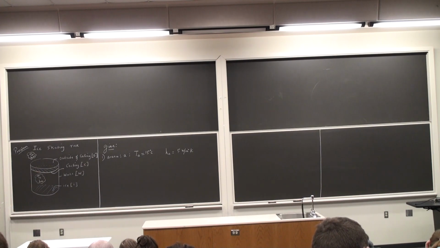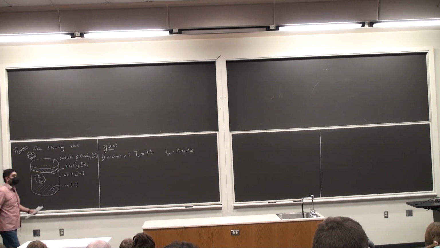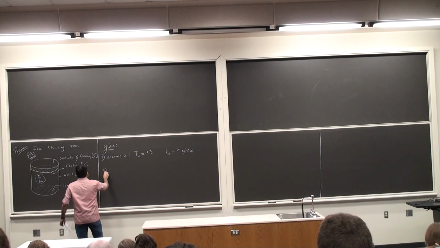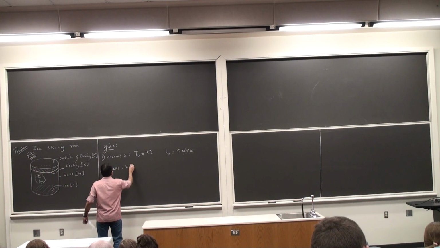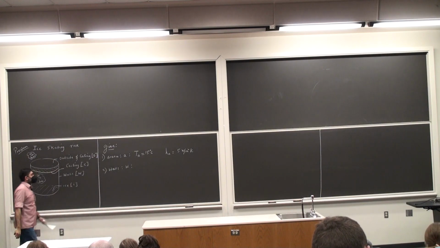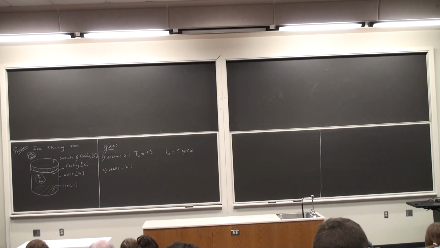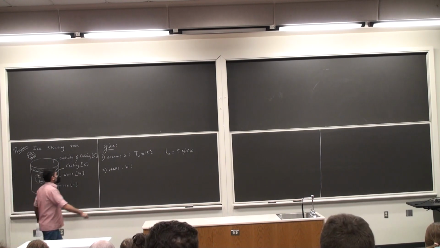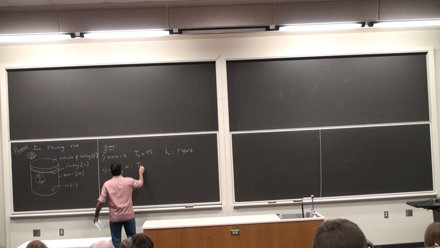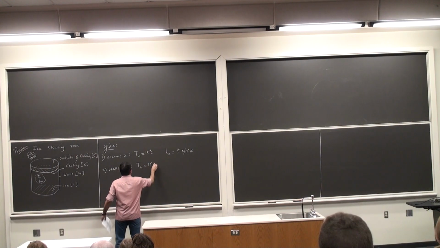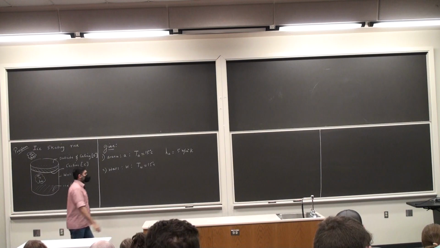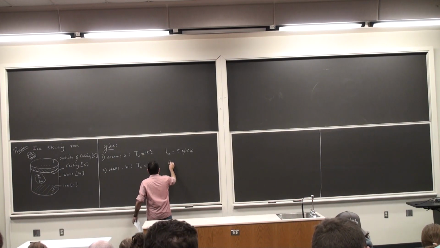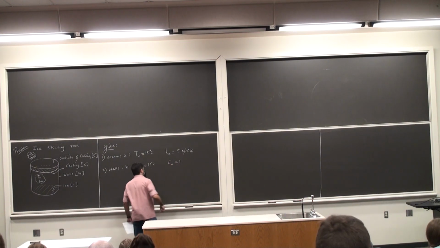Then for the walls, here is the information. Subscript W will be the walls, subscript little a will be the arena air and so on. For the walls, temperature is given as 15 degrees Celsius. And the emissivity of the walls, you're asked to treat it as an ideal surface. So epsilon wall is 1.